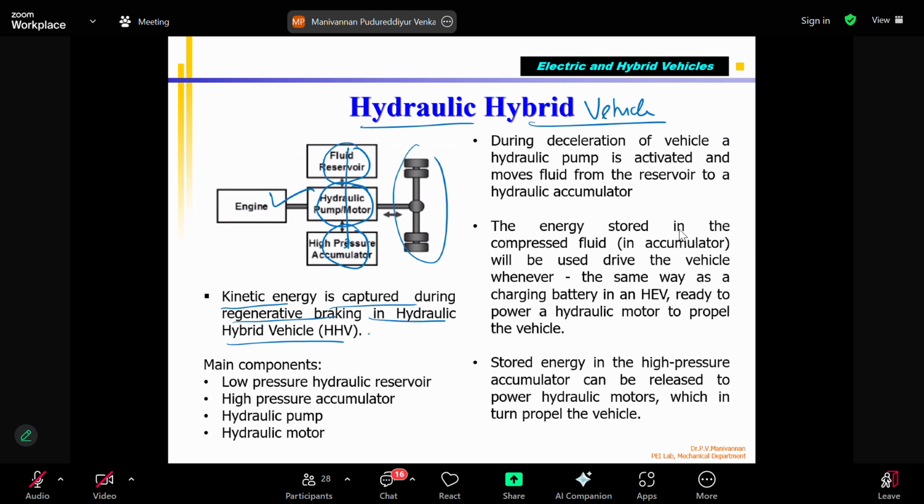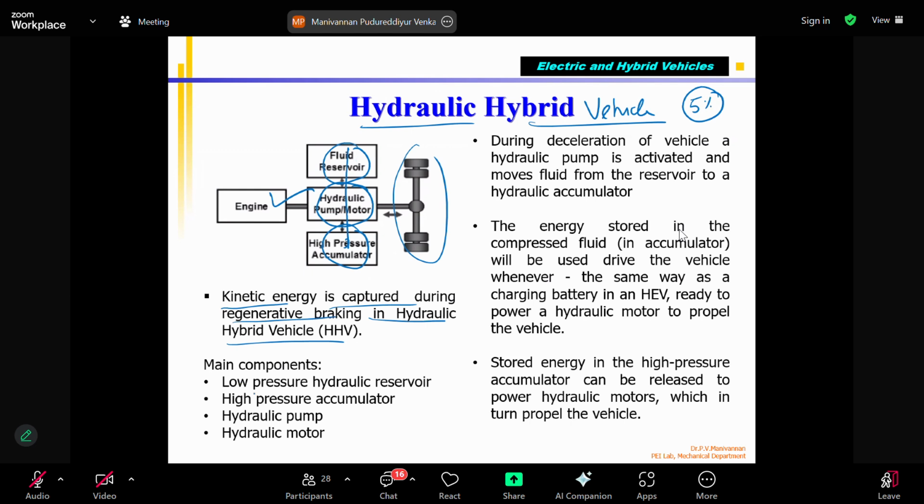So the main thing is it is also recovery. Hydraulic hybrid or electric hybrid, both will recover the braking energy, which we call regenerative braking. Energy can be recovered up to a maximum of 5% of the vehicle energy during regenerative braking.